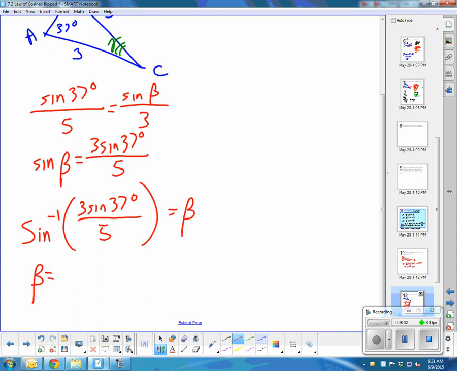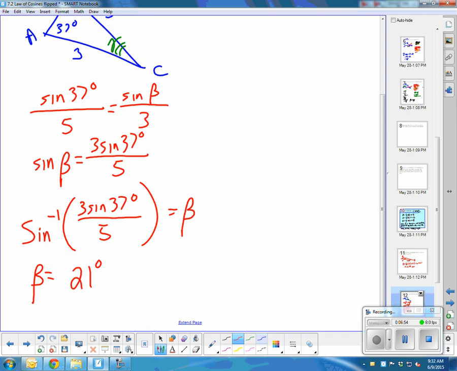Now it's just a matter of taking that expression, putting it into the calculator, using the inverse trig function. And when we do that, you can take a moment, pause the video, and see what you get. But in the end, we get about 21 degrees.